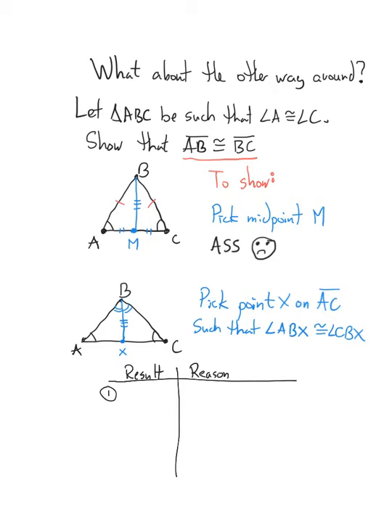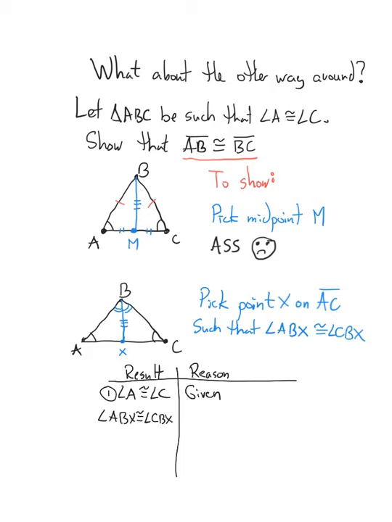So the first one is, of course, that angle A is congruent to angle C, and we know that because that's given to us in the question. The second thing we know is that angle ABX is congruent to angle CBX.